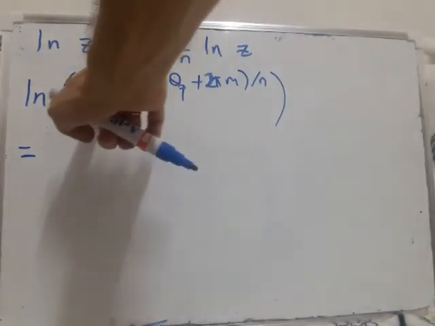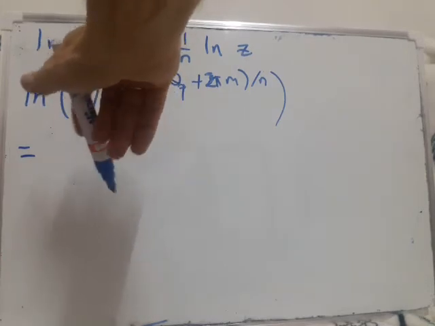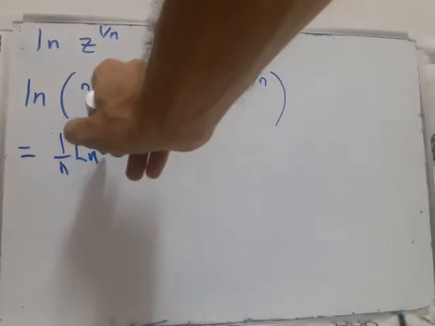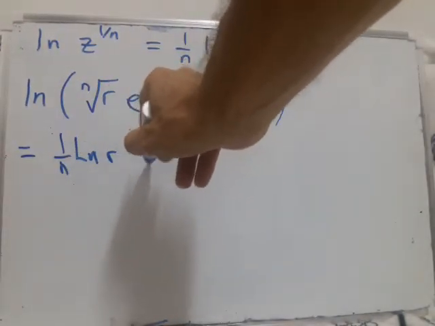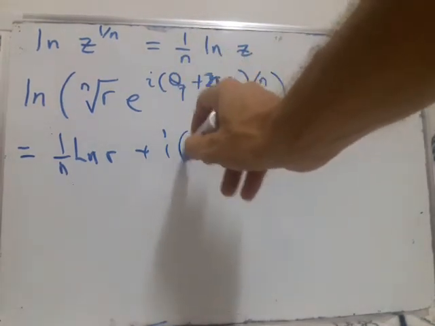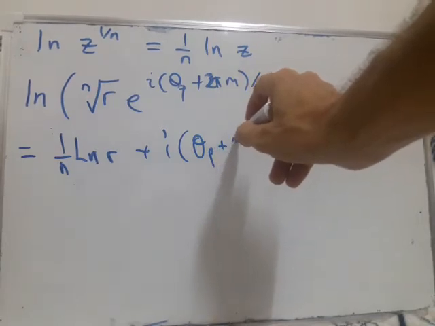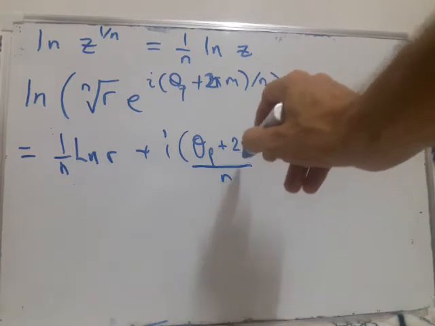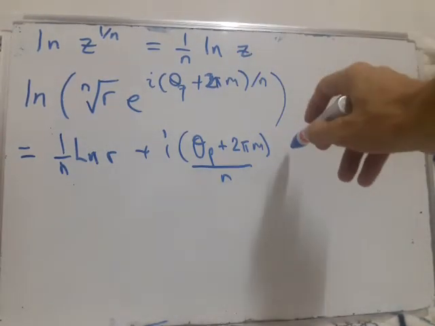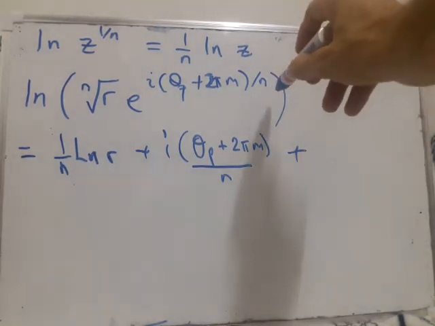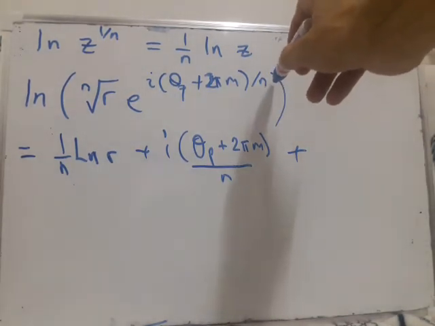Well, if we take logs of this, then we get 1 over n, just the ordinary log of r, plus i theta, all this divided by n, plus, because we're taking logs, we can always add an extra 2 pi i times an integer.